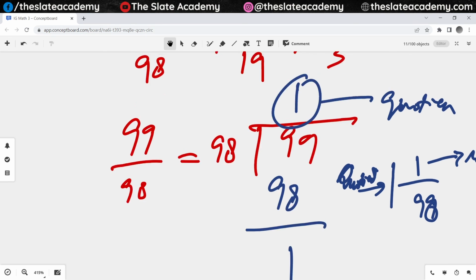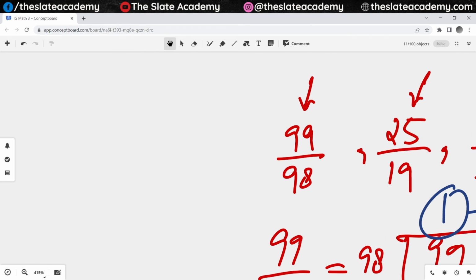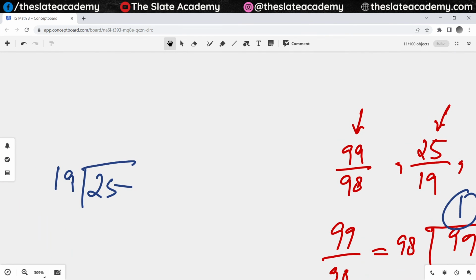Okay. So for example, let's do these three right now and give you some more for homework. If I have 25 by 19, so I write 19 outside, 25 inside, like this. 19, how many times 25? 19 twos are 38.